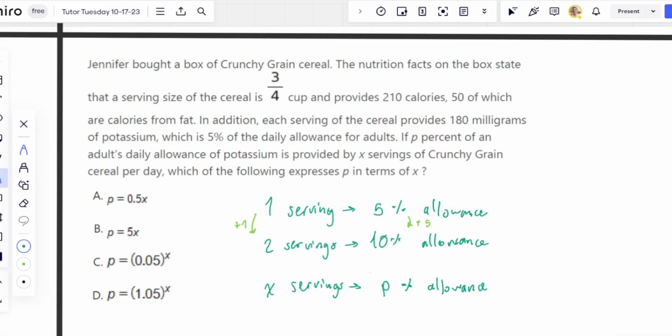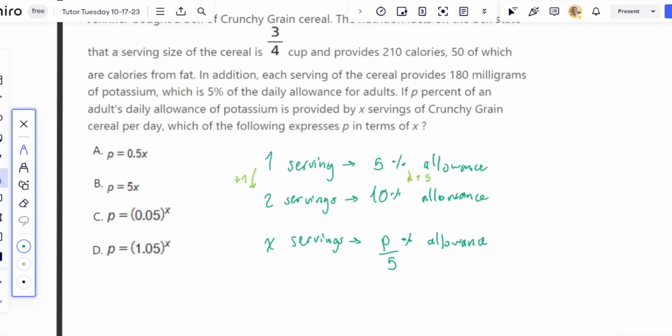X servings is going to be equal to p over 5%. P% of the daily allowance is going to be represented, let's say, we could plug in some numbers here. 5%, for example, as P, the daily allowance, then that would only take one serving.